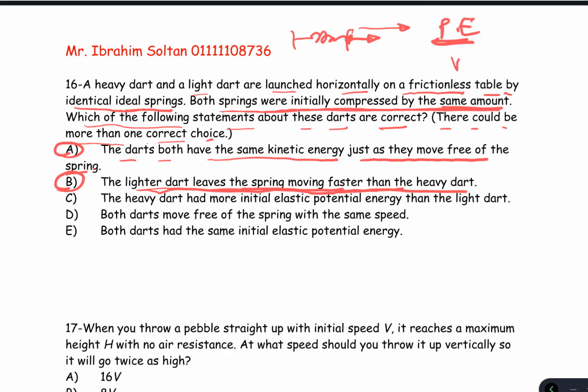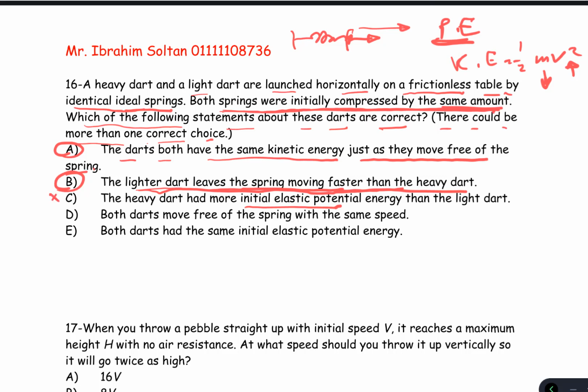Because kinetic energy equals half mv squared. So the one that has small mass has high speed. Letter C: the heavy dart has more initial elastic potential energy. No, we said both have the same potential energy because both springs were initially compressed the same amount.